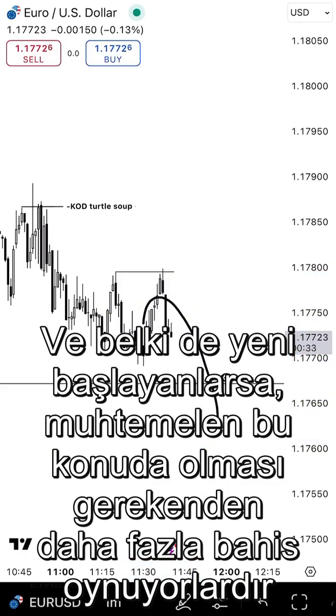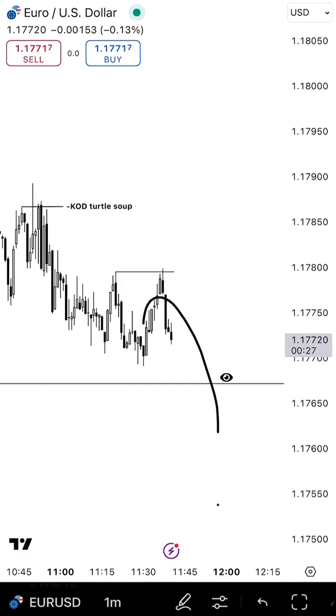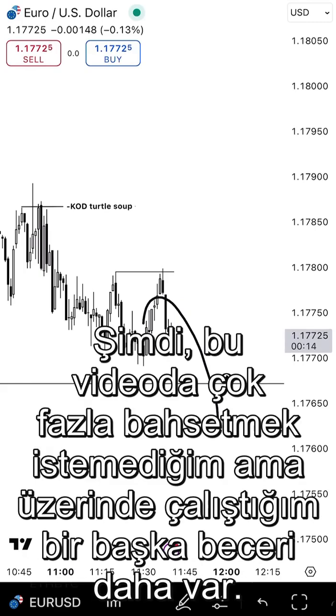And perhaps if they're beginners, they probably are betting more than they should on this quote-unquote OTE, which won't work because of the rule of the fake bottom.